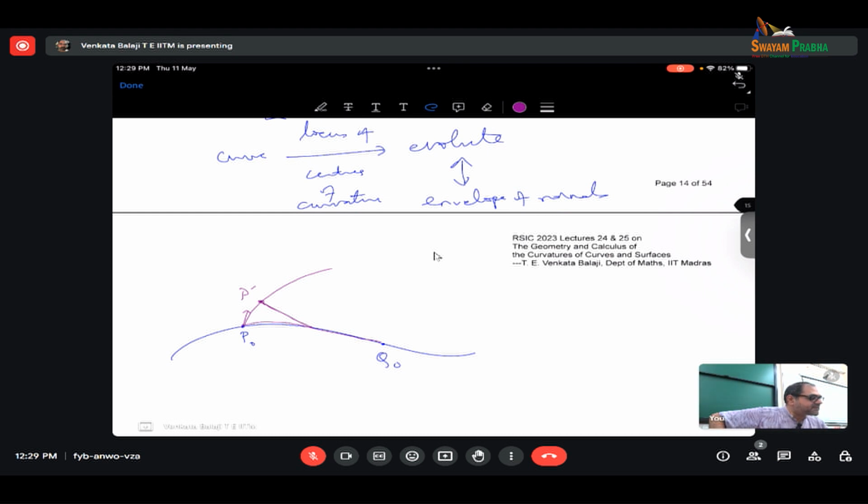My picture is not so good, let me draw it correctly. It's still bad. Okay. There is this piece of the string that is unwound, and this much of the string is still remaining. In the unwound part, you can see two things.